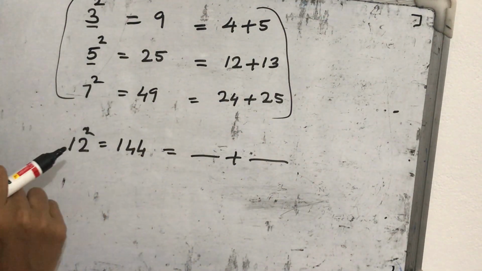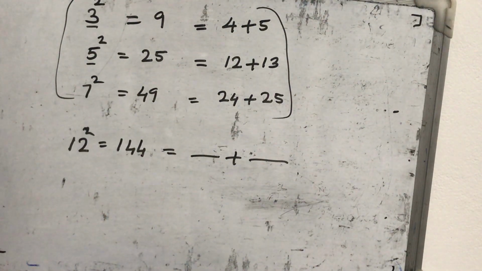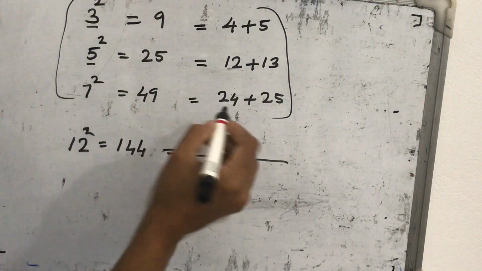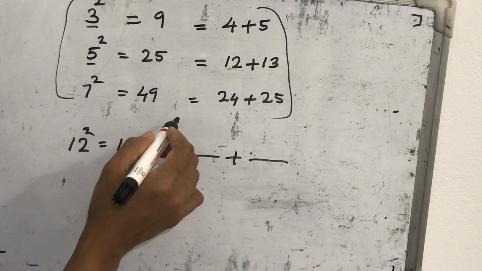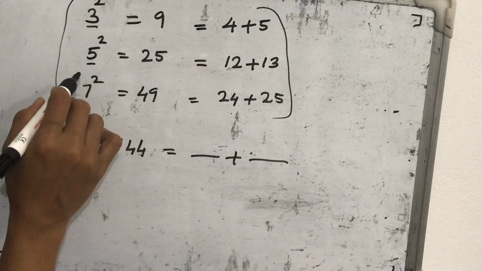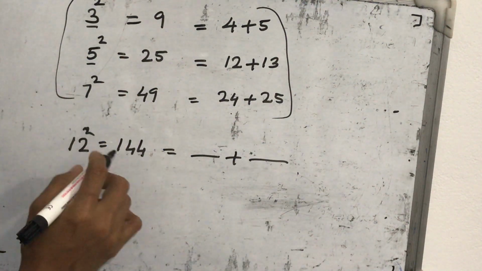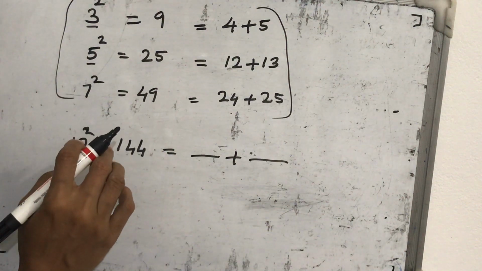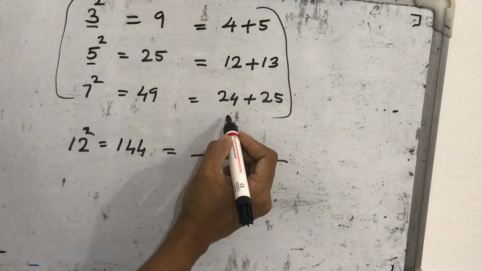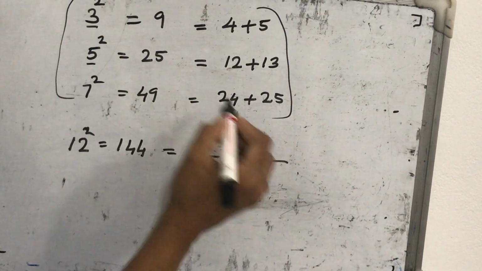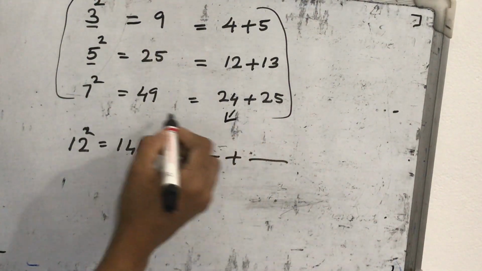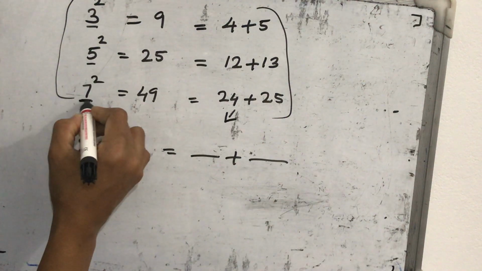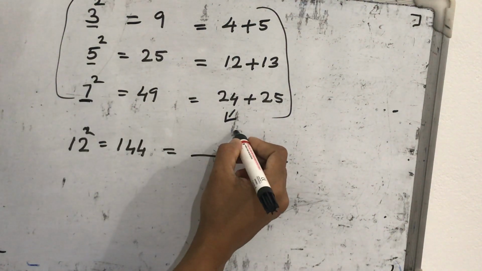That will be easy. Now look at this case, 24 and 25. How will we get them? The first number we can get by using, if it is the nth term, otherwise in the same case we can take 7, the number here, and square it.